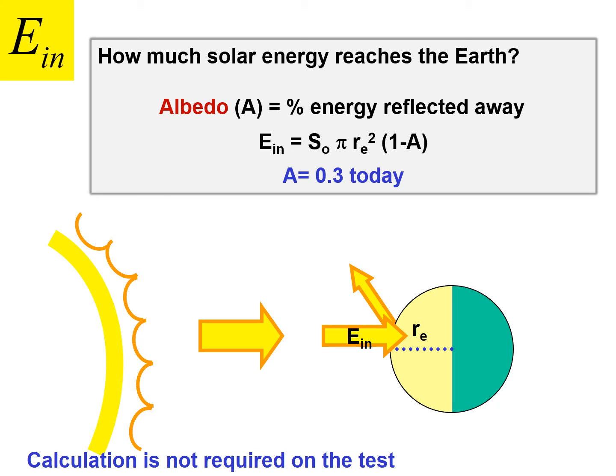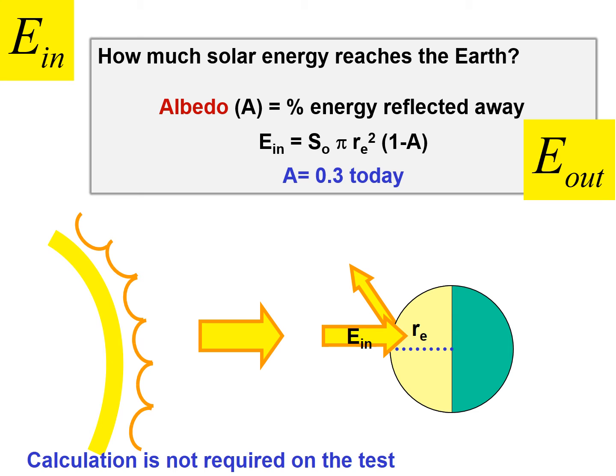What's next? E out. What's the equation? E in is equal to E out. So what is E out? That's the energy emitted by the Earth. What radiation law will we use to calculate E out? The Stefan-Boltzmann law. If there's a temperature, it emits radiation every moment, right?